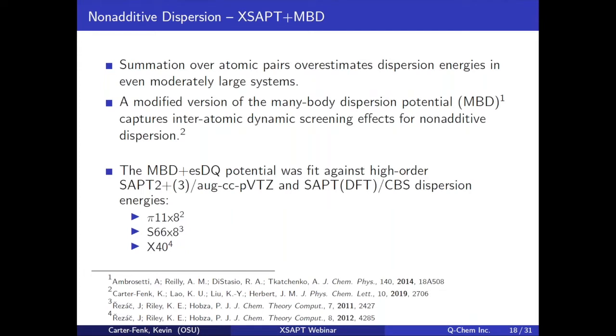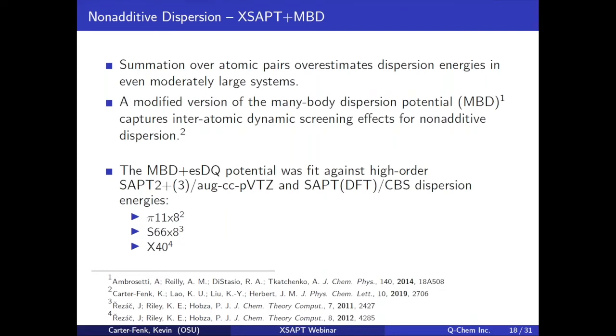The modified MBD potential is called MBD plus ESDQ because our MBD potential includes self-consistently screened dipole quadrupole terms, as well as the dipole response that is normally computed in MBD.